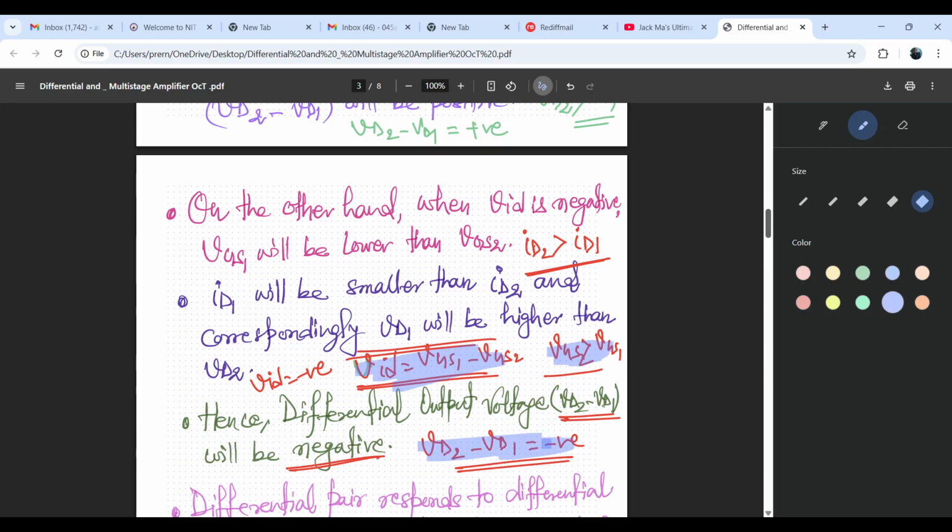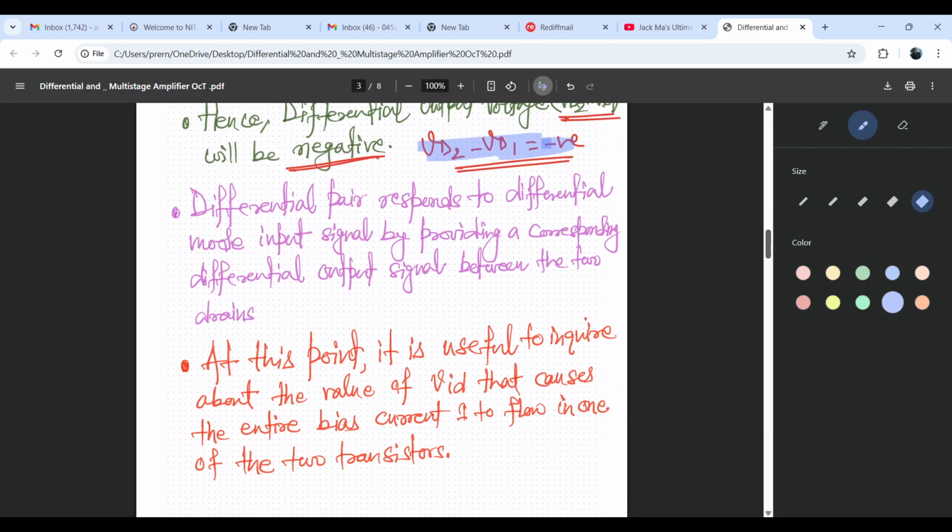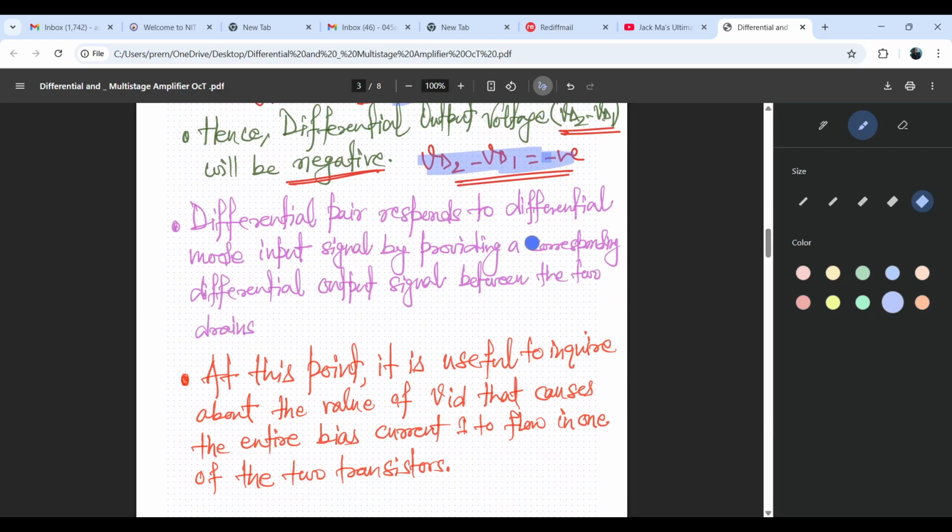Next, the differential pair responds to a differential mode input signal by providing a corresponding differential output signal between the two drains.